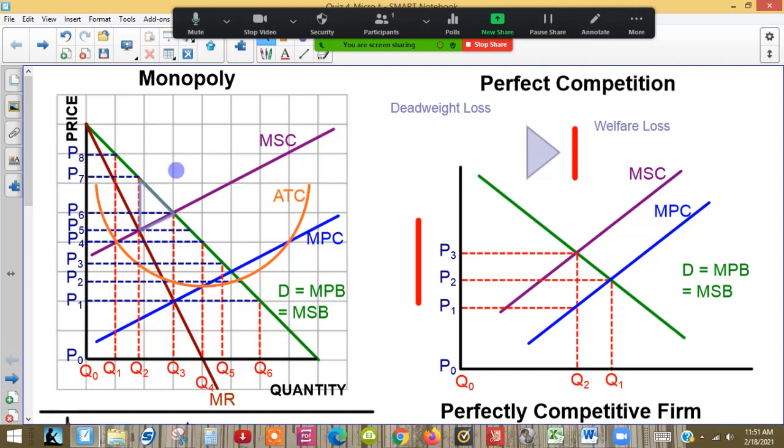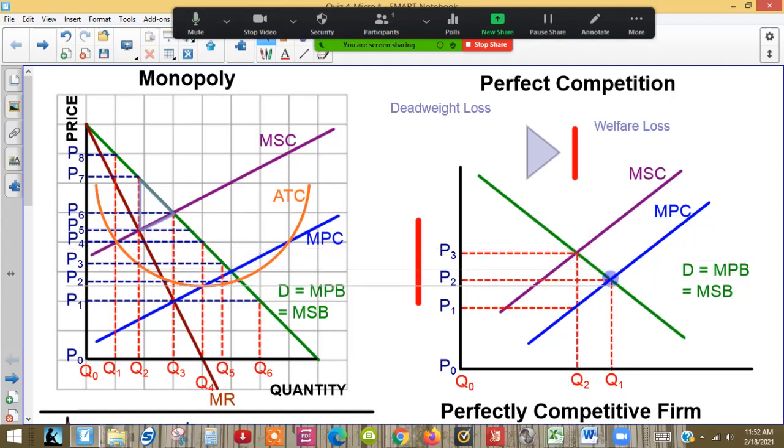Now, really quickly, what's different over here is where the perfectly competitive market was operating before a tax. They were here, where marginal private cost equals marginal social benefit, and the optimum quantity in this case is a lower quantity, Q2, at a higher price up here.